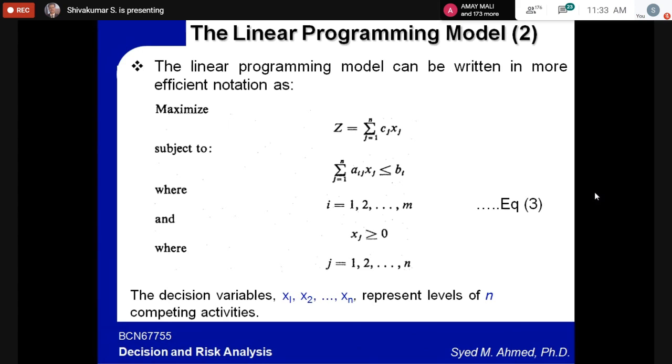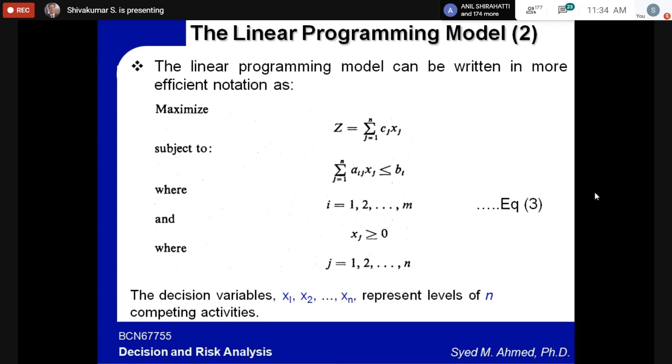No company can manufacture negative products. If they don't manufacture, it becomes 0, or they can manufacture 1, 2, 3 and so on. So that's why Xj should always be greater than or equal to 0. It's a constraint you have to impose always. So in this model, you get three things.